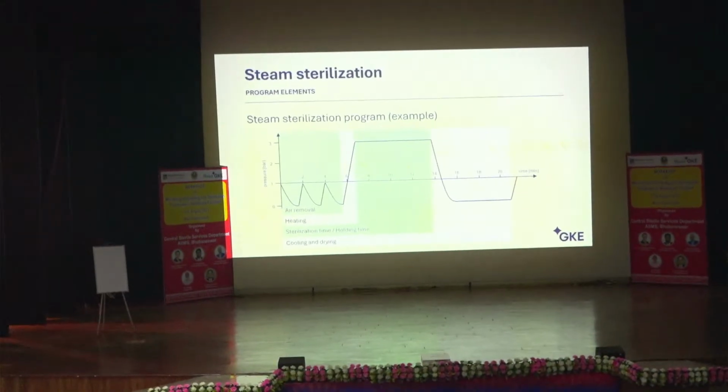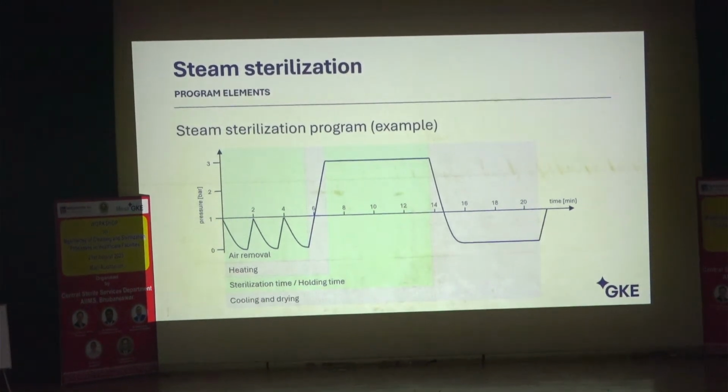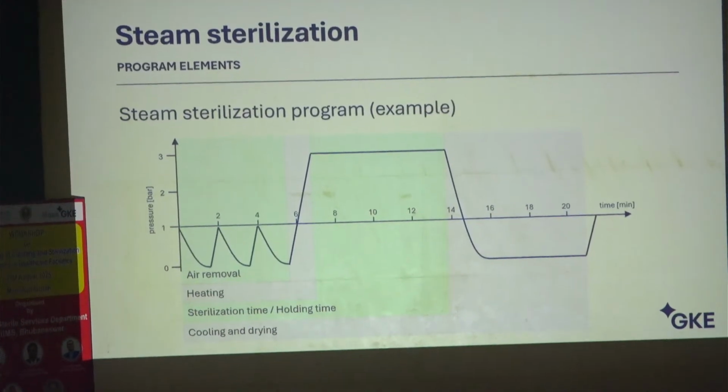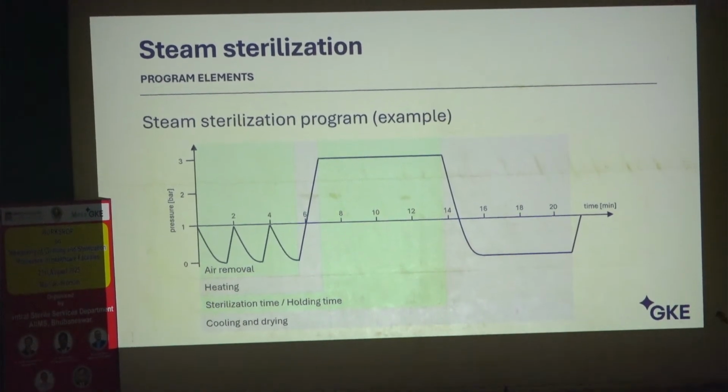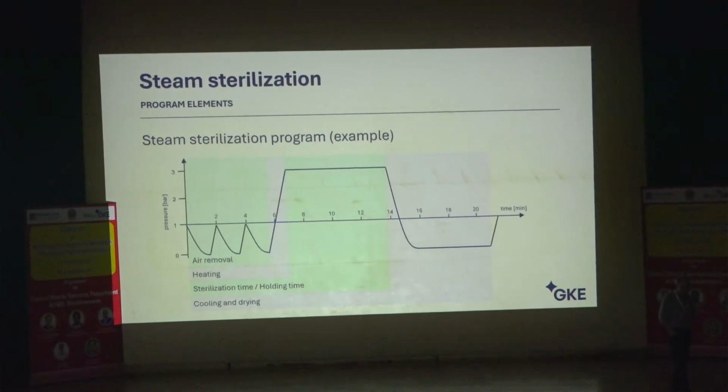Let's have a look at a cycle. The colors are not very clear on the screen, but still. Let's turn to steam sterilization, and here you have a typical program. This program has different parts.